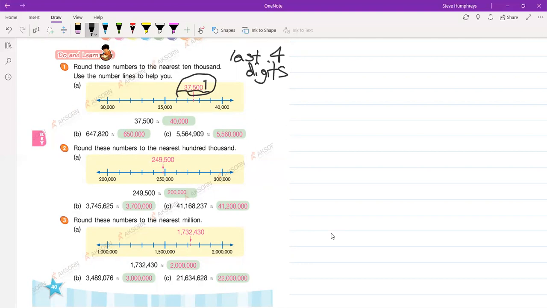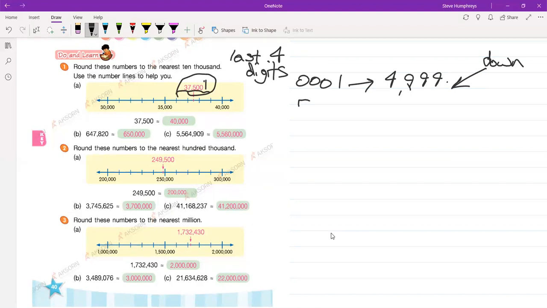Last 4 digits, your range will be 0001 to 4,999. Round down if it's in that range, your last 4 digits.